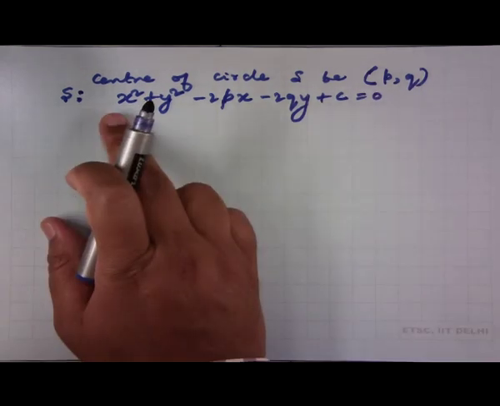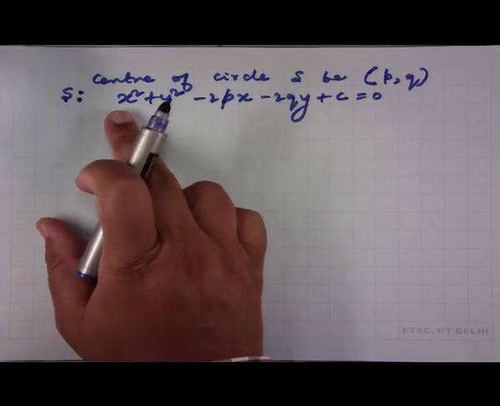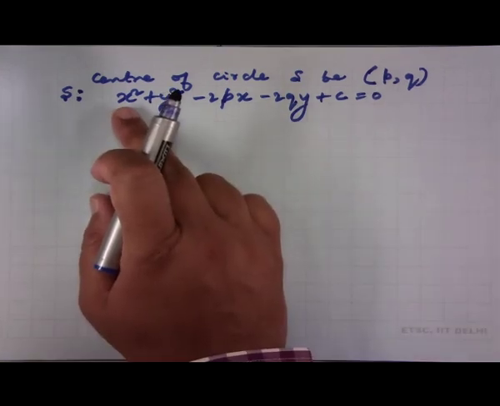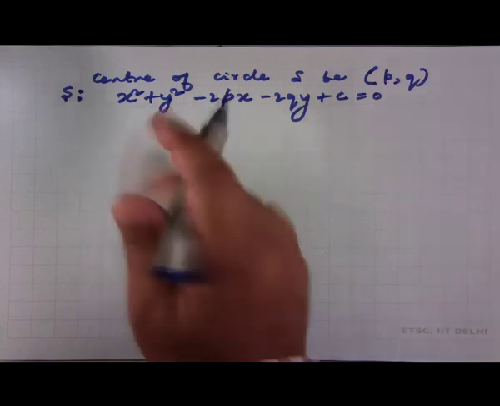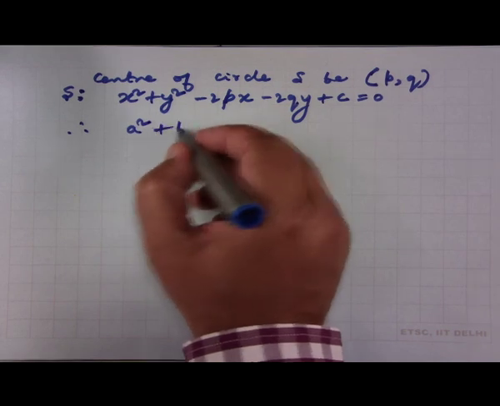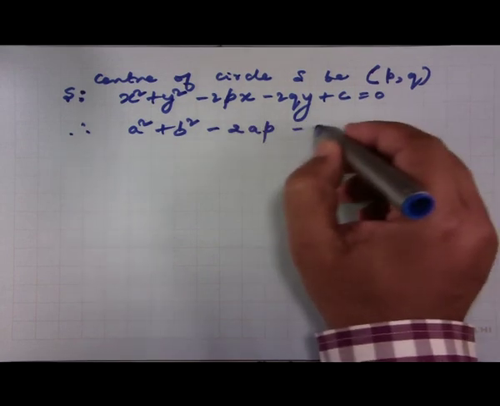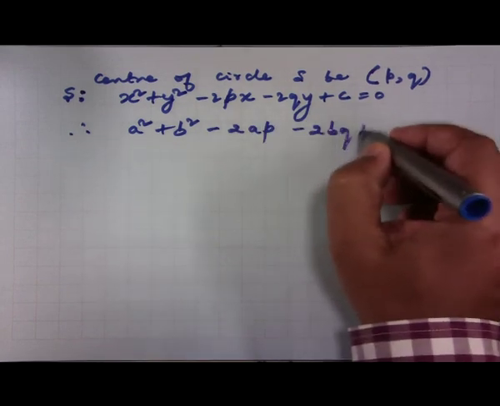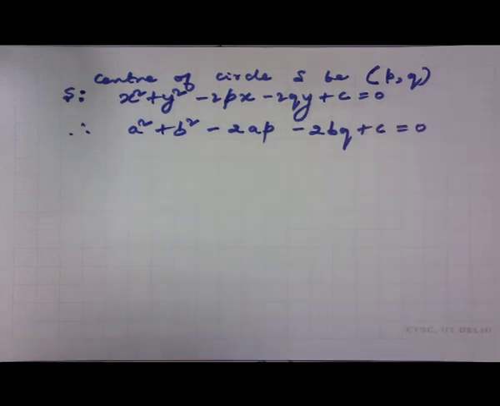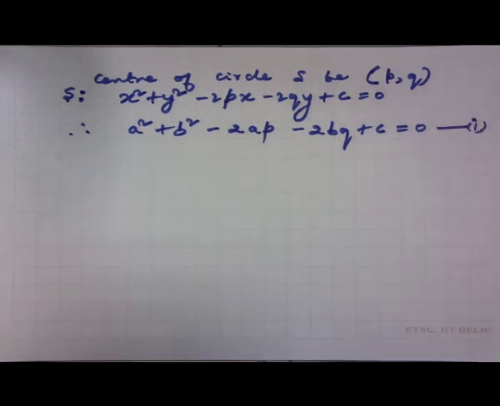Now, it is said that the circle S passes through the point A comma B. So, what that means is that this equation should be satisfied with x equal to A and y equal to B. Therefore, A square plus B square minus 2AP minus 2BQ plus C is equal to 0. This is the first equation that we get.